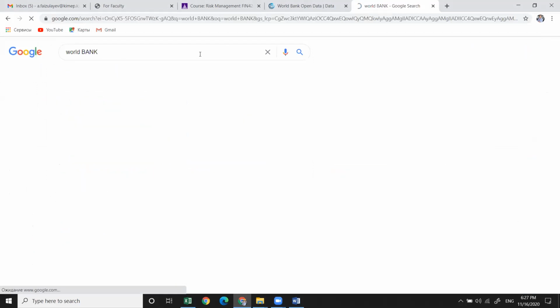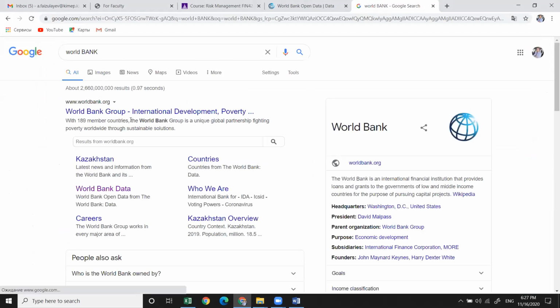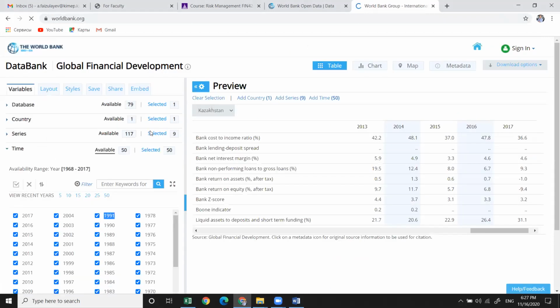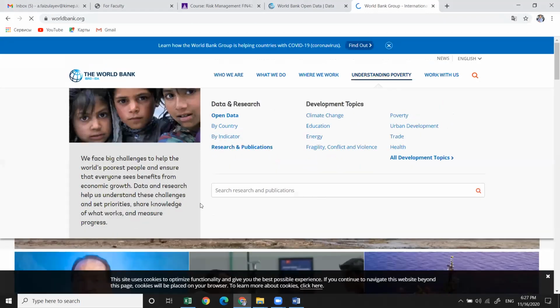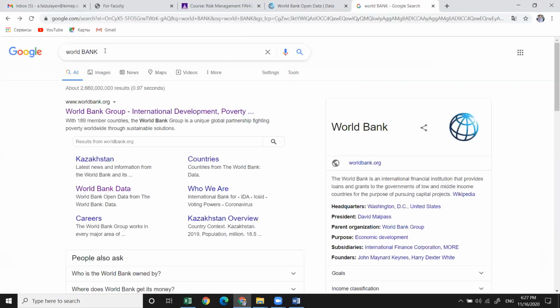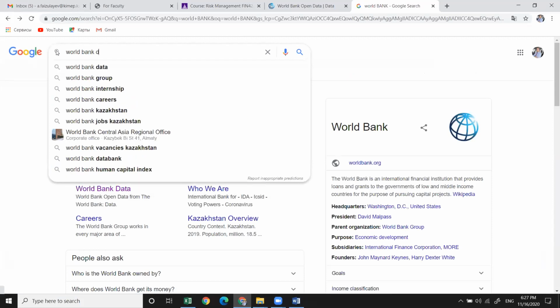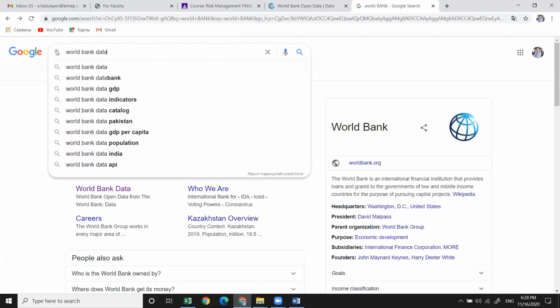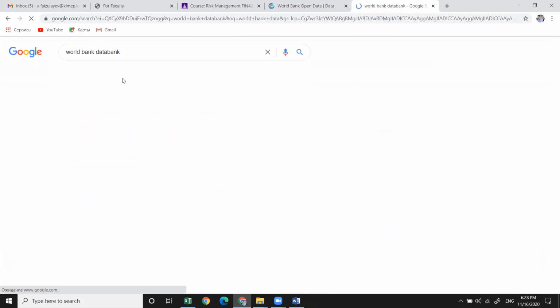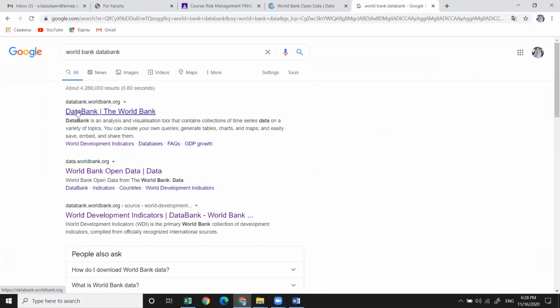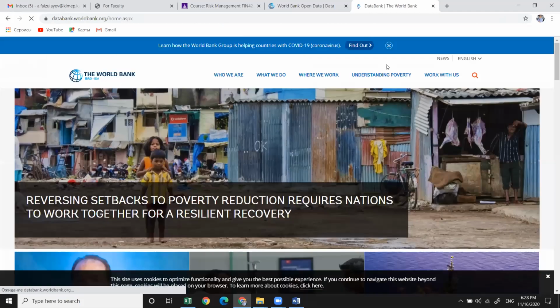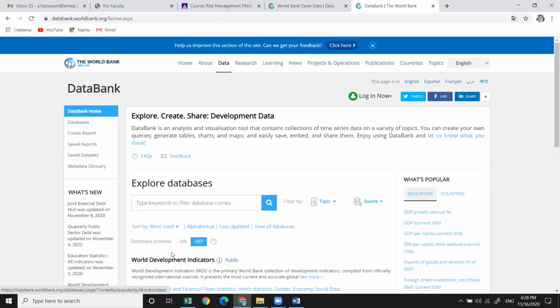Type World Bank data. Okay. You can select this one, World Bank Data Bank. Select this one. World Development Indicators.